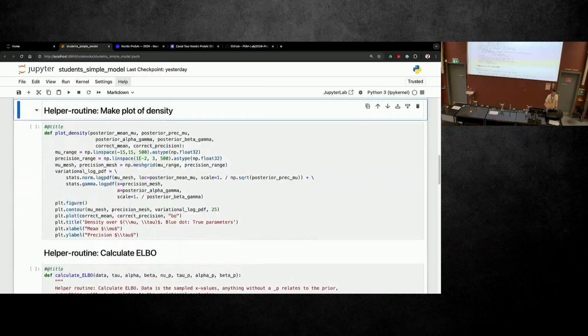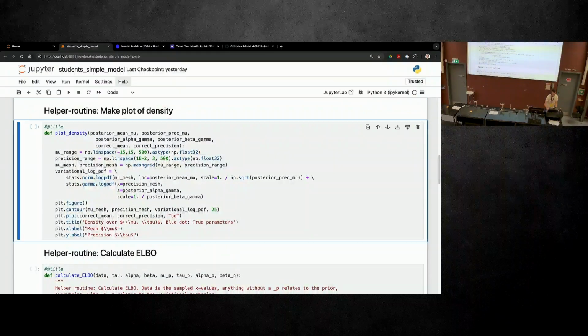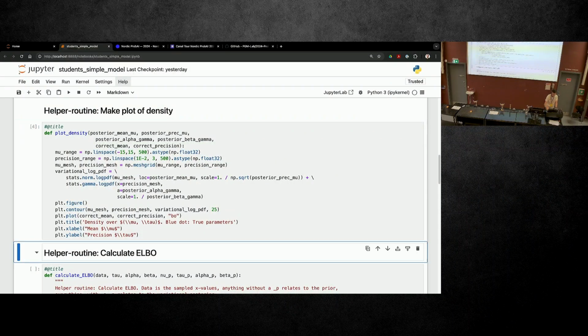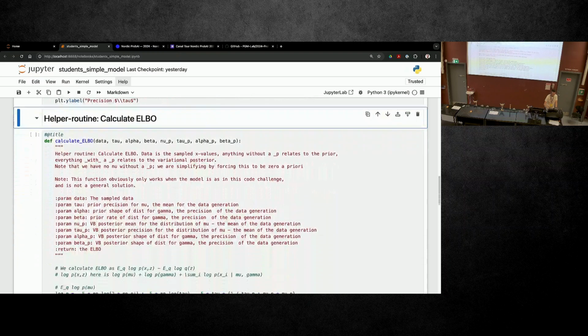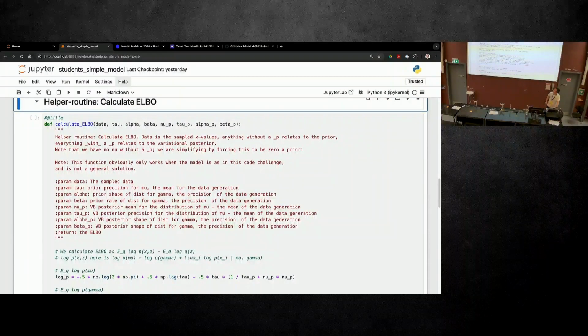Then we have a few helper routines. We have something for plotting the densities, not that interesting here. Then we have a routine for calculating the ELBO, so you don't have to worry about that. It takes the standard parameters in, so you have the data and the parameters for the prior distributions and for your variational distributions.